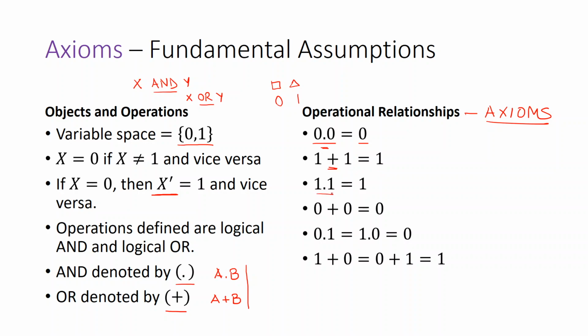Similarly, 1 and 1 will also give you a 1, 0 or 0 will also give you a 0. 0 and 1 will be same as 1 and 0, and that will also give you 0. 1 or 0 will be same as 0 or 1, that will also give you 1. Now these are very simple to remember, so no need to stress so much on this. Just have an idea that these are not basically numbers but objects, and the relationships between them are like this.